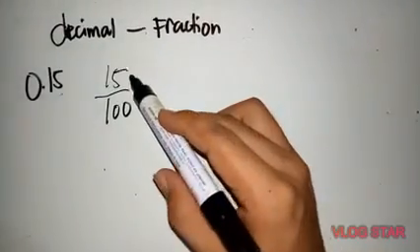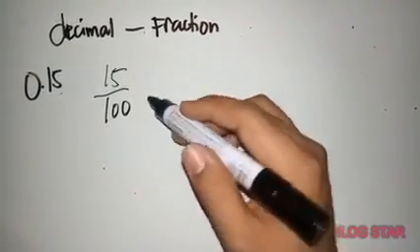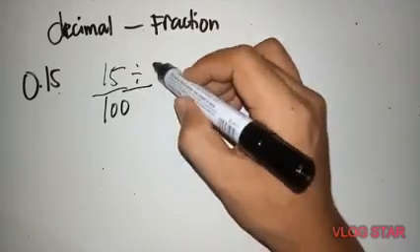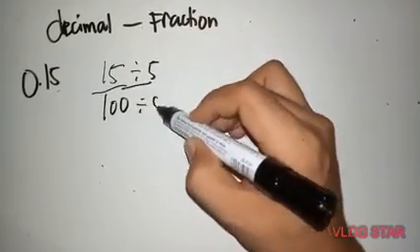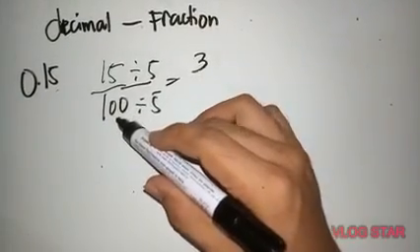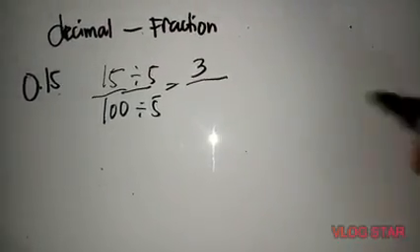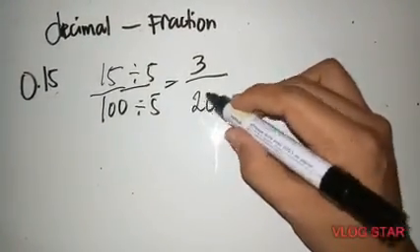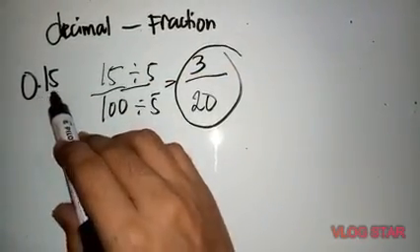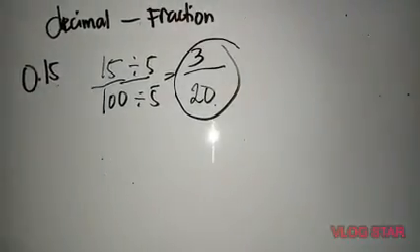But you can see that this fraction can be simplified by dividing it by 5. So 15 divided by 5 is 3. 100 divided by 5, the answer is 20. So the fraction form of 0.15 is 3 over 20.